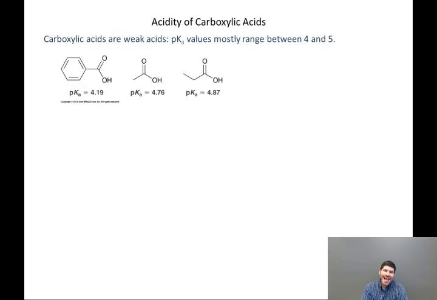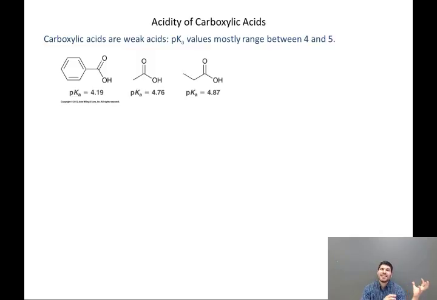Okay, so carboxylic acids, as their name implies, are acidic. But at least based on the general chemistry definition of acids, they are still considered weak acids. Their pKa values mostly range between 4 and 5. Okay, so acetic acid, that you're well familiar with, has a pKa of 4.76.